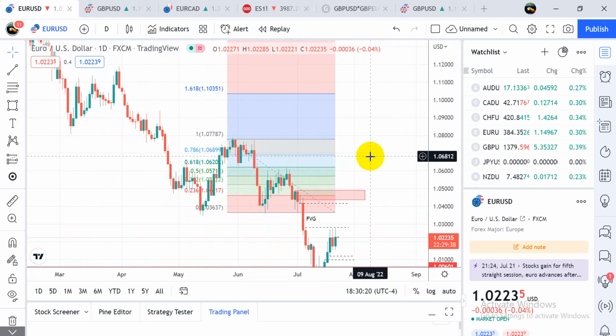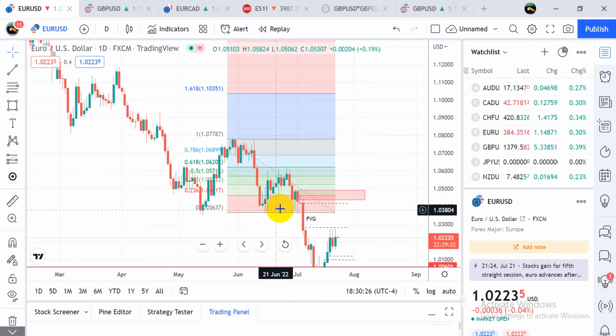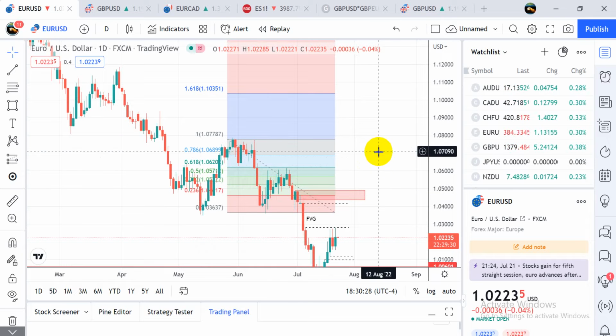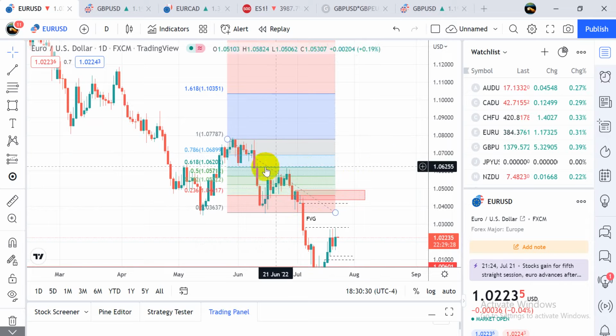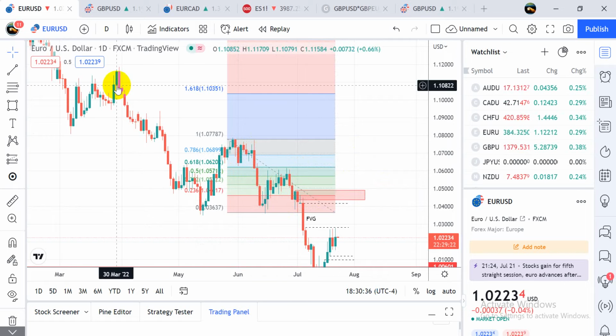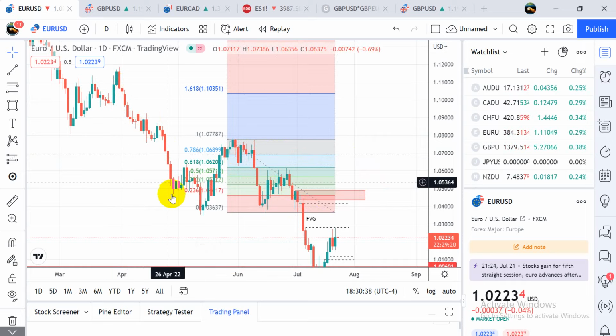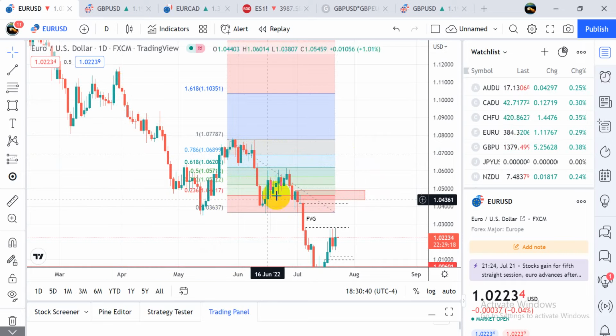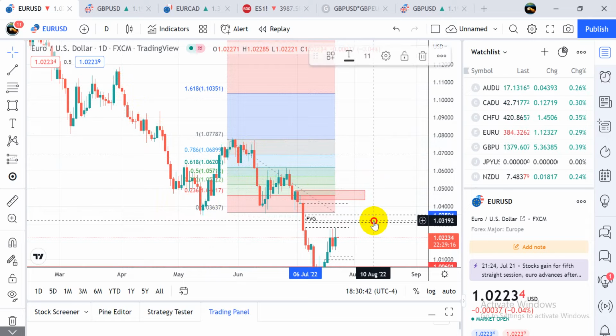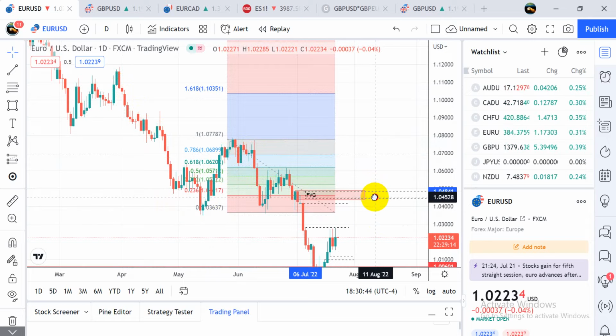Sometimes you can have more retracement, like up to 50% and above, like 61.8%, 78.6, but they're rare. You can see that price has been following a pattern lately. Just a 50% pullback was okay for them, and I believe that is the same idea we can work with here.